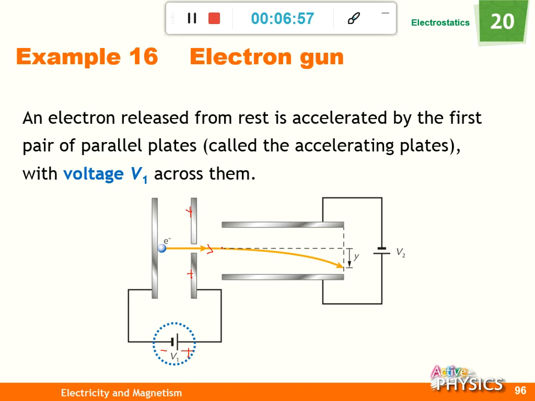When it comes out, we have the other parallel plates. The longer one is positive; the shorter one is negative. The electron will be attracted by the positive plate, so the force acting on the electron should be in the downward direction. Exactly, this is projectile motion, similar to gravity pointing downward.